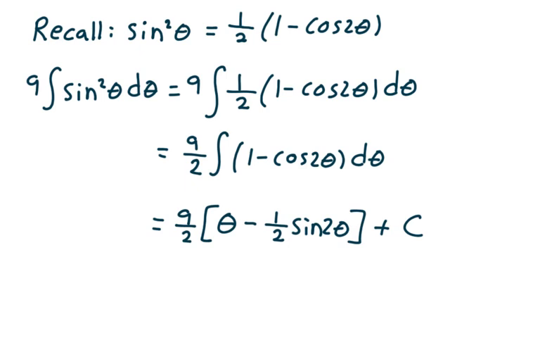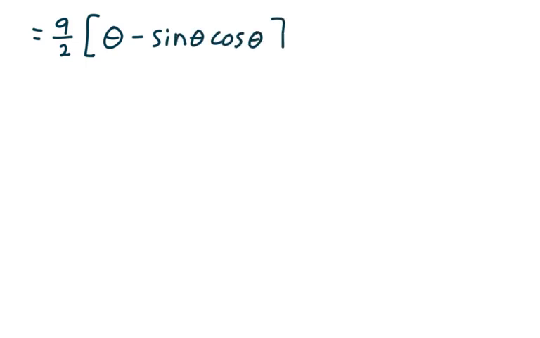Now, sine 2 theta is 2 sine theta cosine theta. Now, let's plug that in. So this is 9/2 of theta minus sine theta cosine theta plus c.